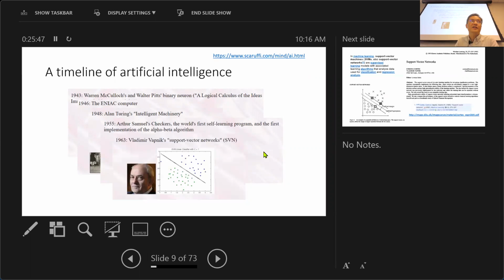So in 1963, this paper proposed support vector networks. That's the beginning of this whole class of classification methods.